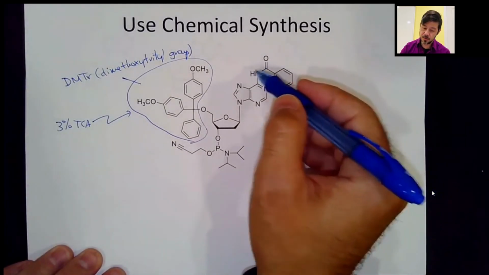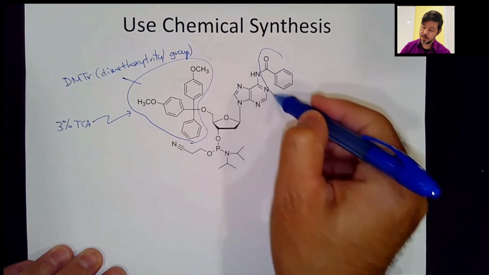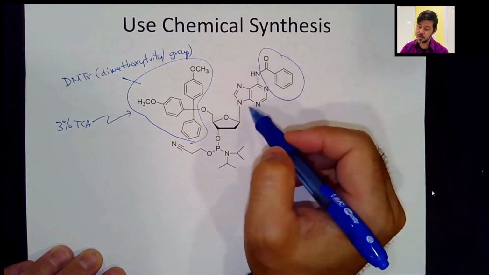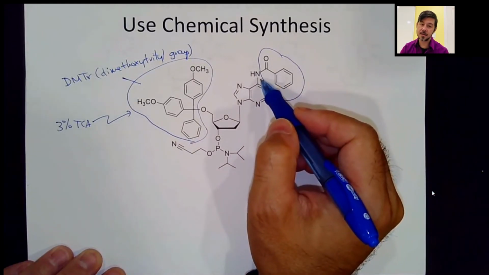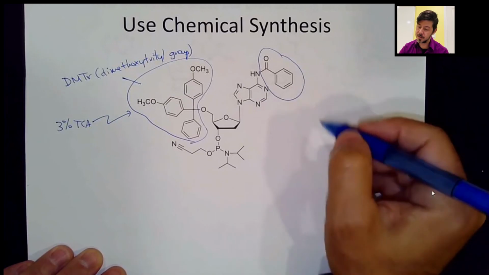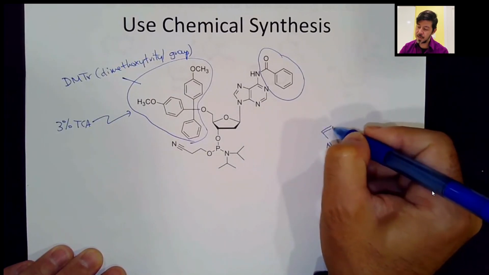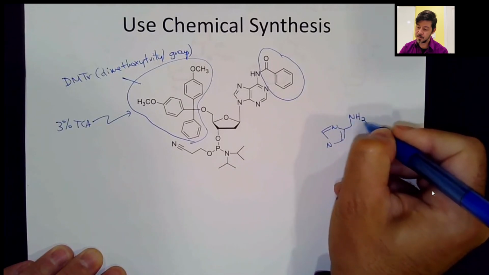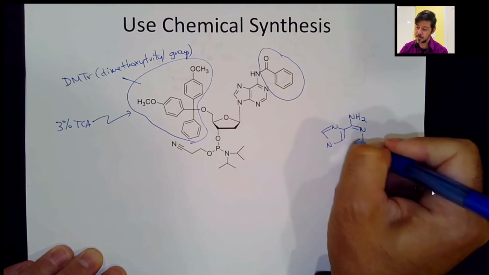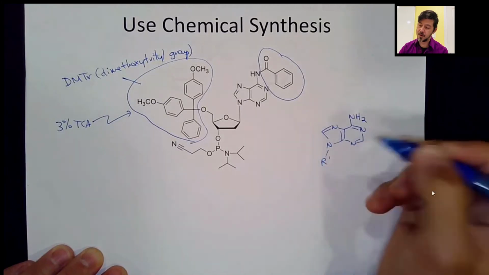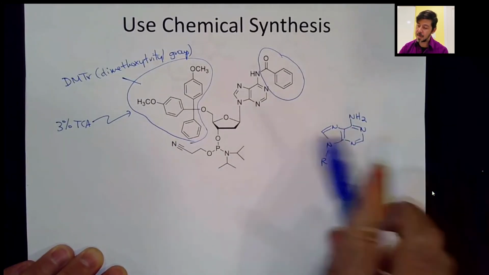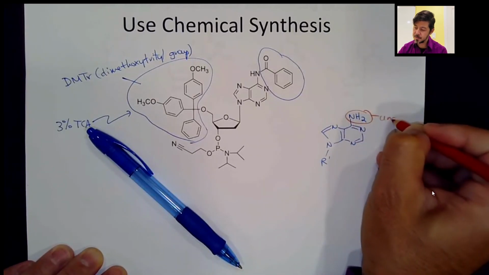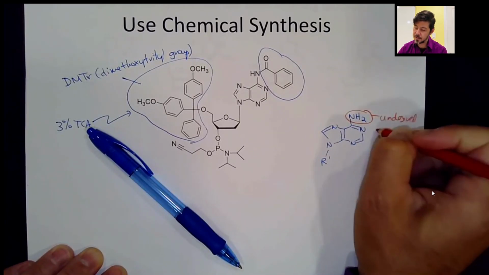A second group is this group here, which is called a benzoyl group. And what it does is that it protects the exocyclic amine of heterocycles. So before this adenine got protected, it looked like this. I'll just put our group there. And this adenine NH2 group here is an undesired nucleophile.